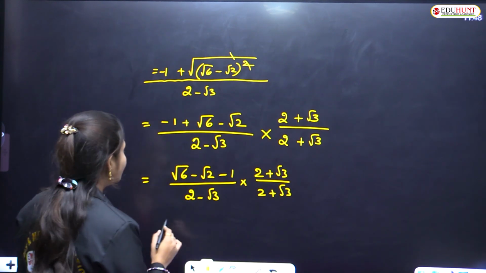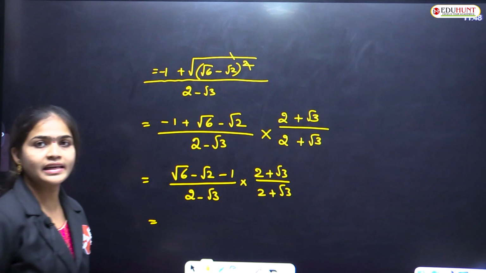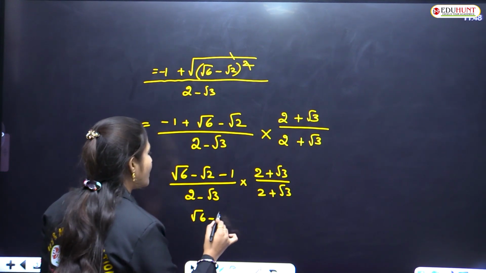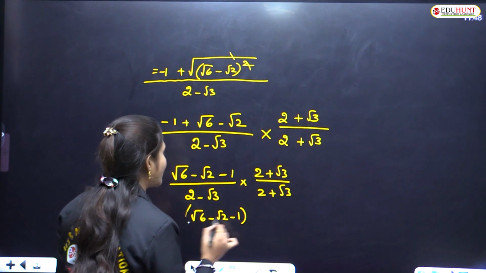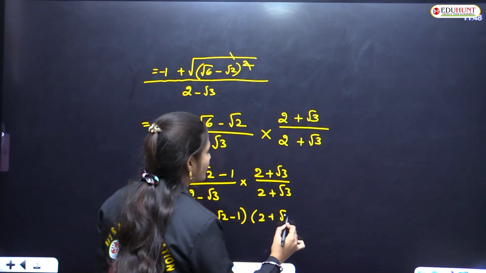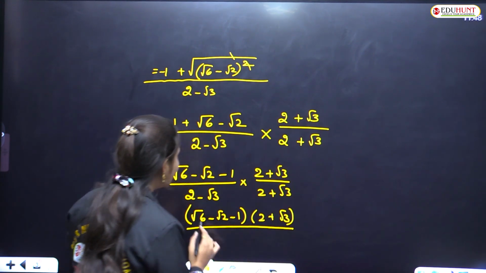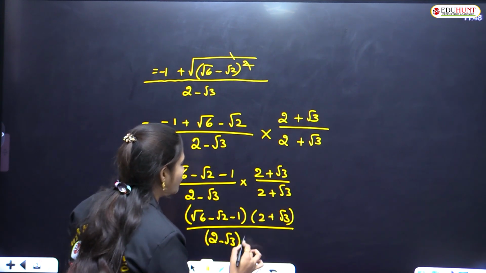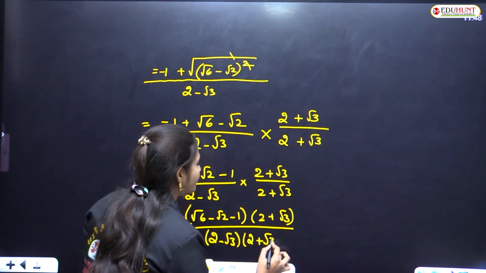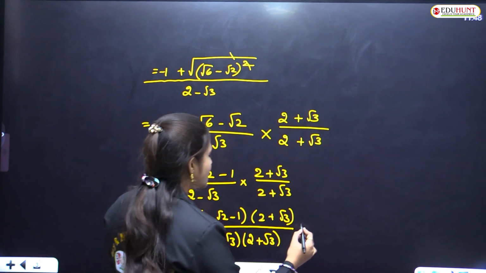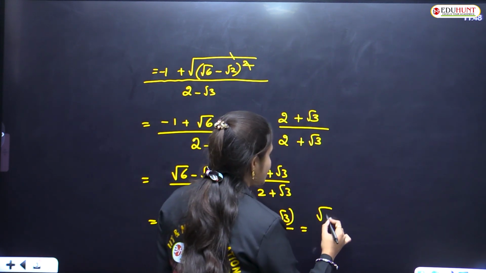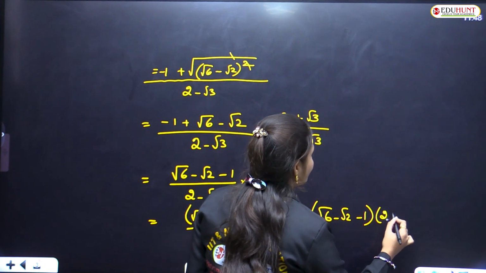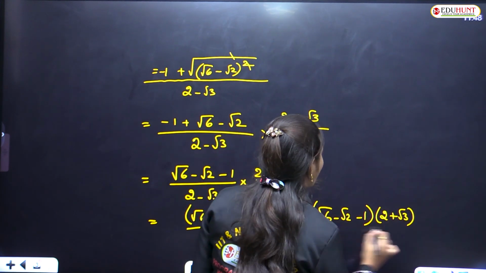So here we just have to take the product of numerator and denominator. So (root 6 minus root 2 minus 1) into (2 plus root 3) whole by, here a minus b into a plus b. So (2 minus root 3) into (2 plus root 3). First simplify the denominator, later we will do the numerator.